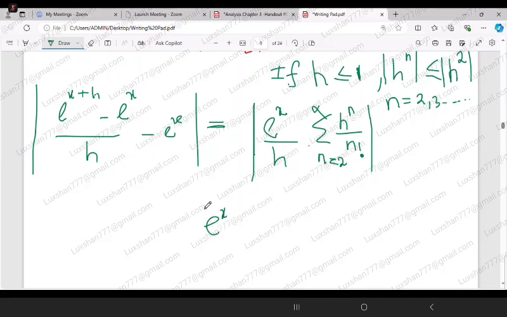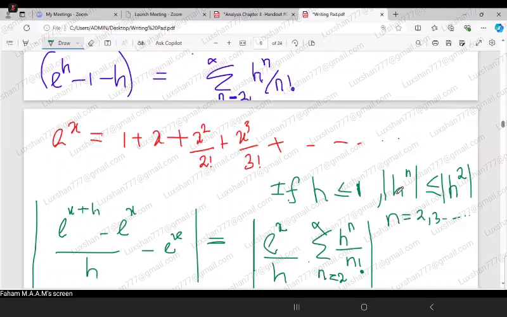So this is less than or equal to e to the power x times mod of 1 over h into summation.